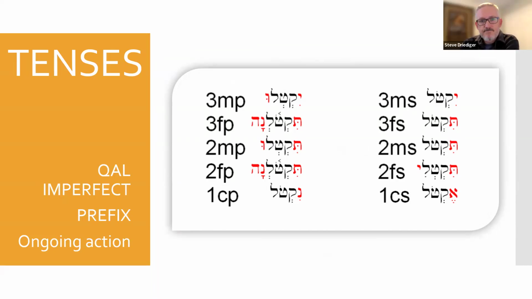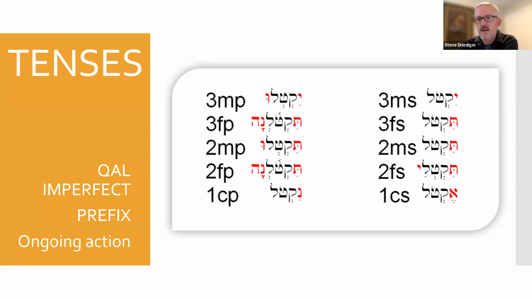Looking at the singular side: third masculine singular, yiktol; third feminine singular, tiktol; second masculine singular, tiktol. You'll notice there that the third feminine singular and the second masculine singular forms are exactly the same. So again, context there is going to be the only way you're going to know what's going on. Second feminine singular, tiktali, and first common singular, ektol.